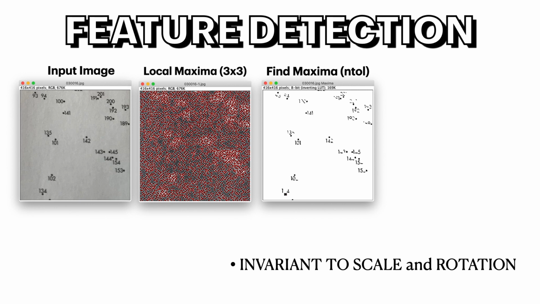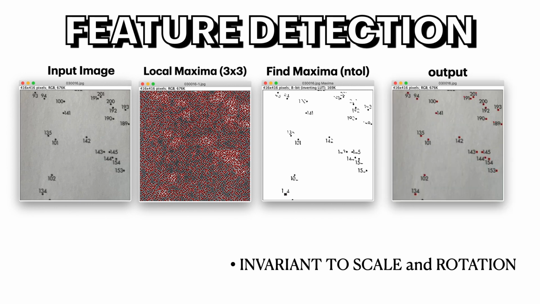And then you can find the thresholded area within a tolerance corresponding to each of these maxima, and then you're left with a thresholded binary image, where you're just left with the darkest areas in each area. Now you can see there are some numbers still remaining, so what we do is we isolate each of these regions and then we filter them to say, are they circular or not?